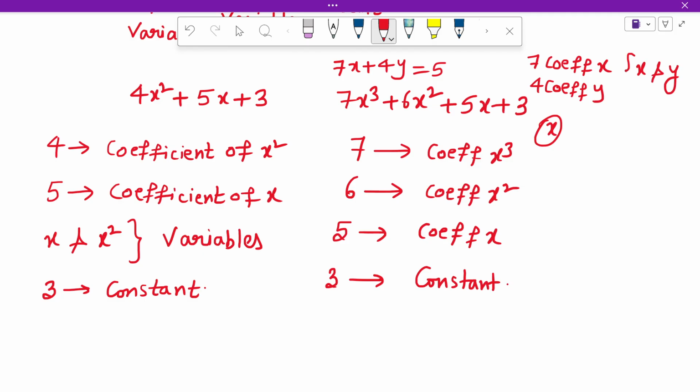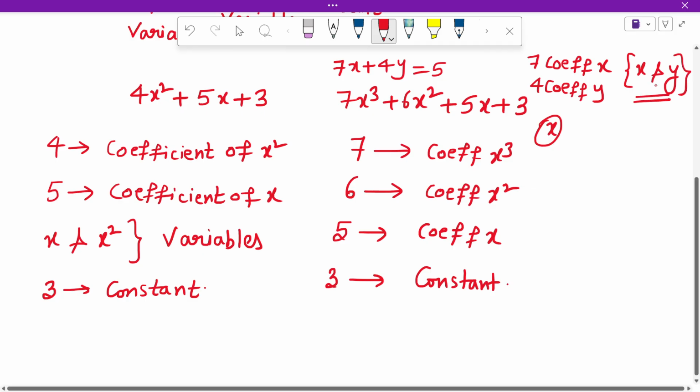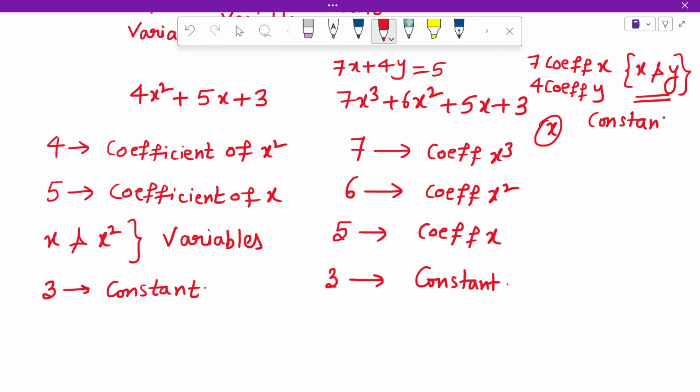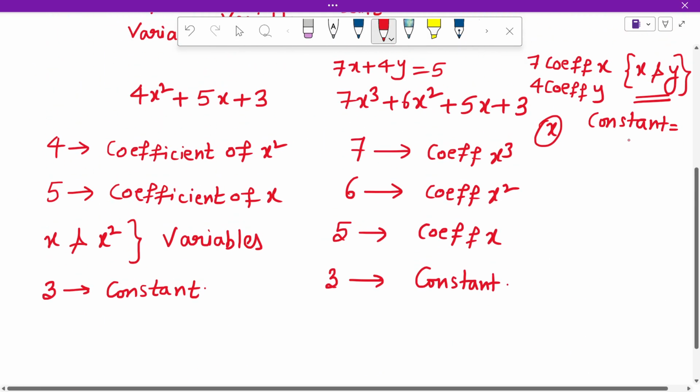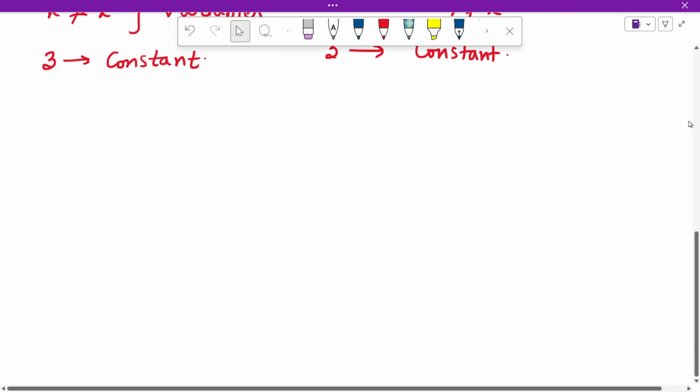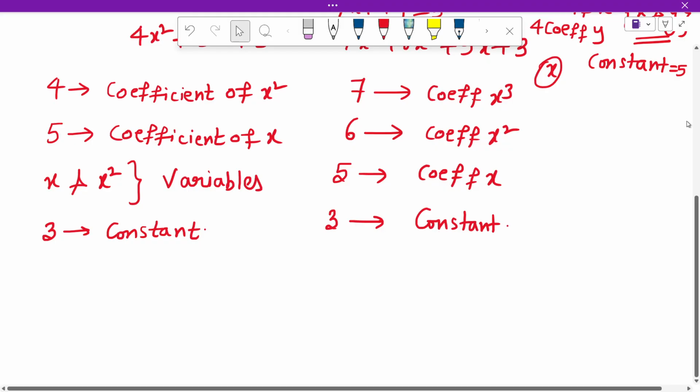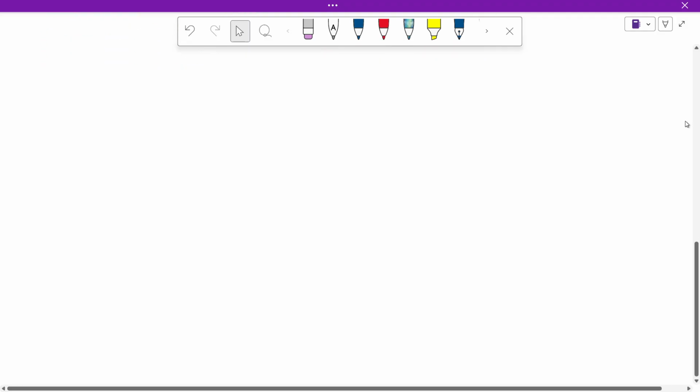So x and y will be the variables, and the constant term will be 5, right? So we are clear with what is a coefficient, what are the variables, and what are the constant terms in an equation or an expression.